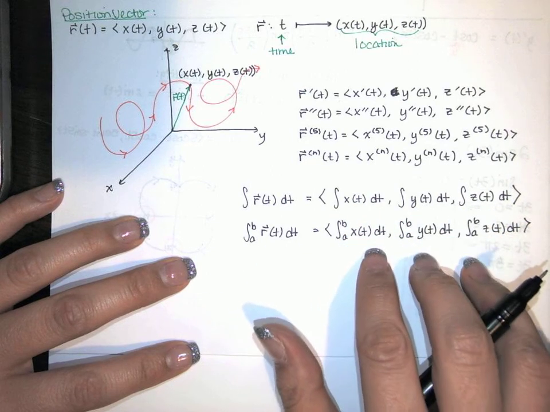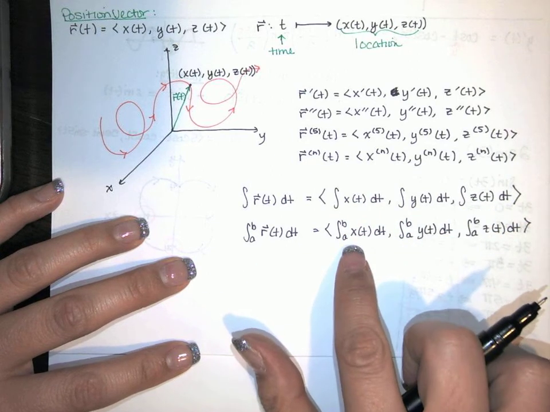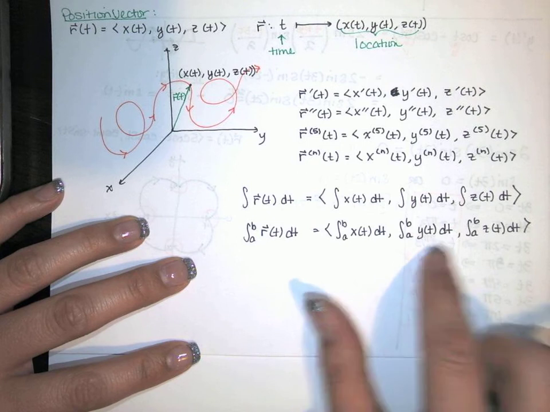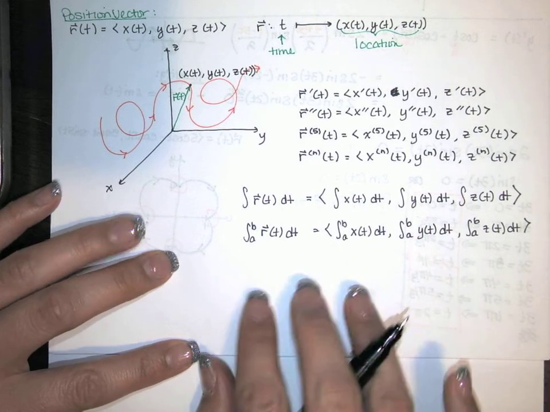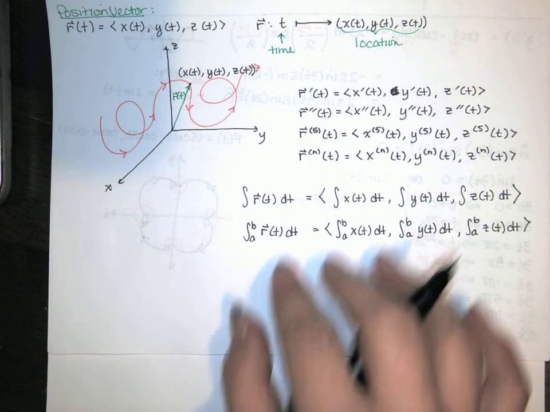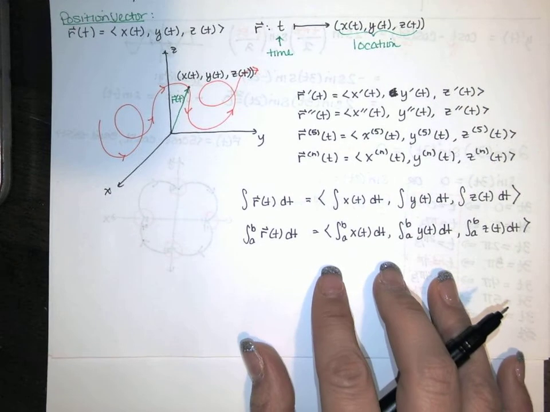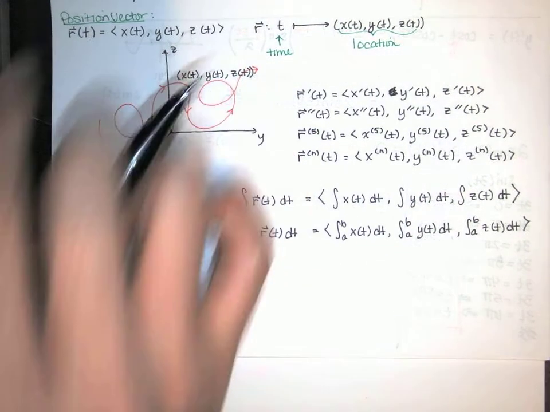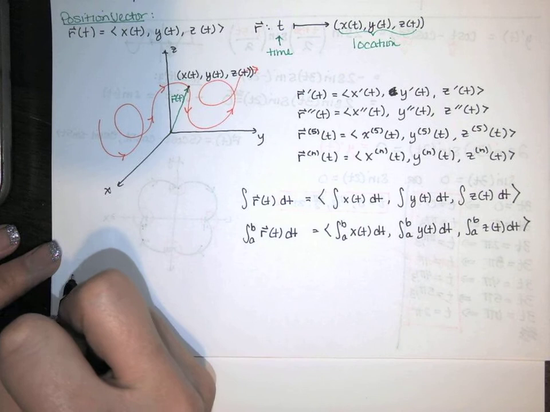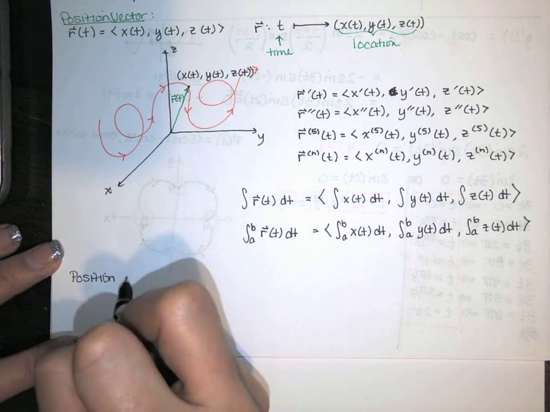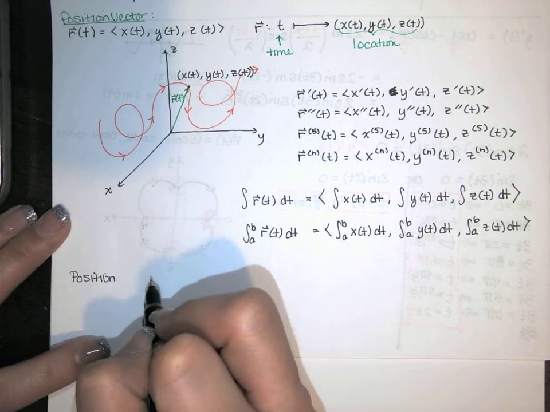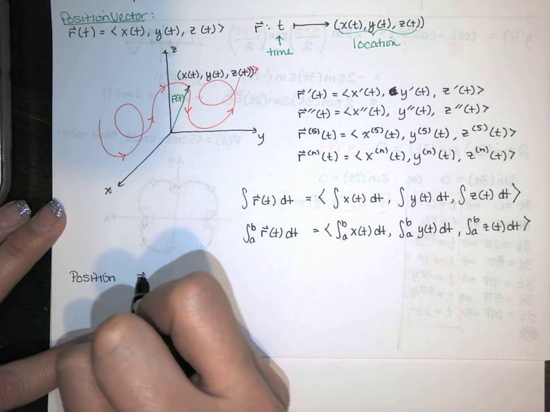This is producing a particular vector with particular components, and the components are given by those three numbers that we get when we do that integration. We're going to tend to use this whenever we're thinking of r as a position vector. So r is position. It gives you a particular position, x of t, y of t, z of t.